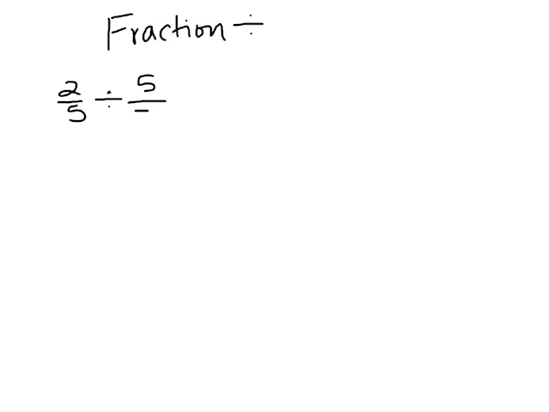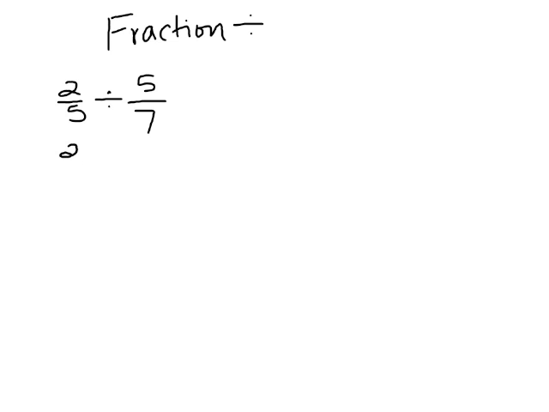We're going to go into division of fractions. So 2/5 divided by 5/7. We have a crazy rule when we divide by fractions. We flip the second fraction over and multiply. When we flip something over, it's called using its reciprocal.